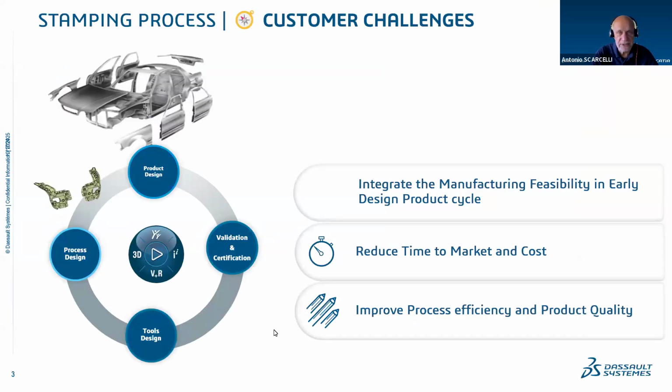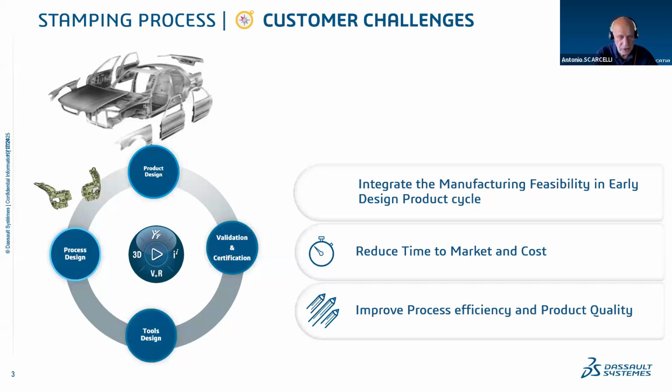Concerning the stamping process, when we speak with our customers, they define roughly the process, and you can see it on the left here. They want to be able to design the product, so that means the part that we have to stamp. They want to validate and certify the part. They want to design the process. They want to design the tools, all embedded in a simple and clear environment.